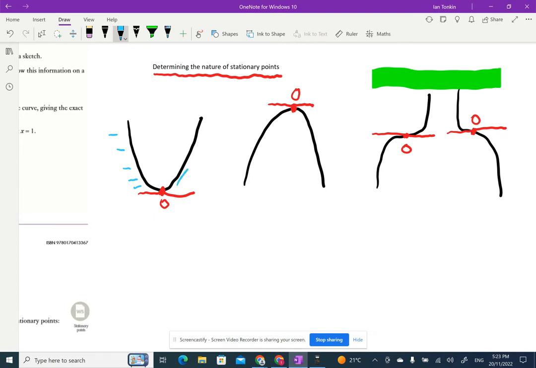Then afterwards, if I go along here, if I draw a tangent at that point, well, that's a positive line, which would have a positive gradient. So up here, all of a sudden, my tangents become positive.